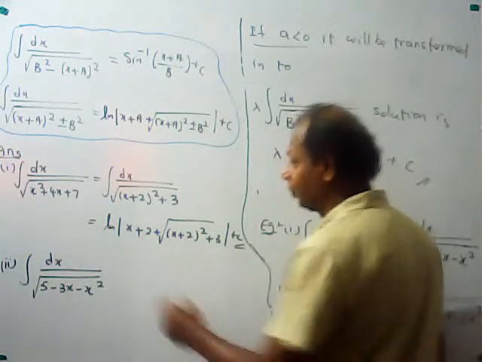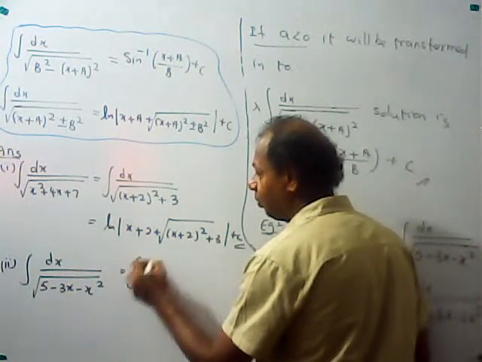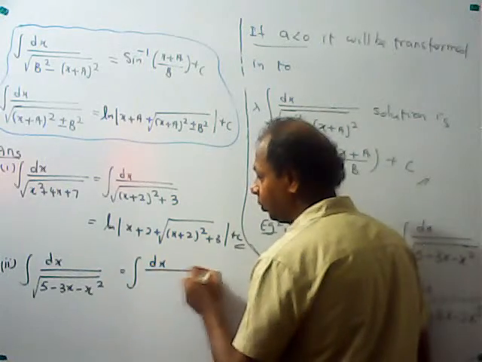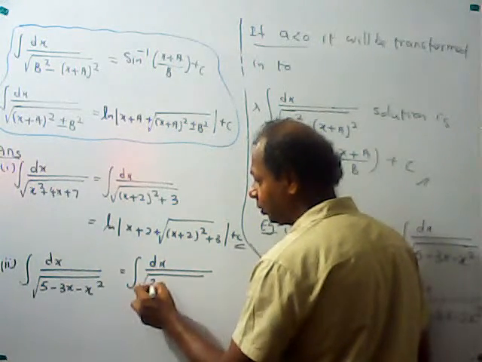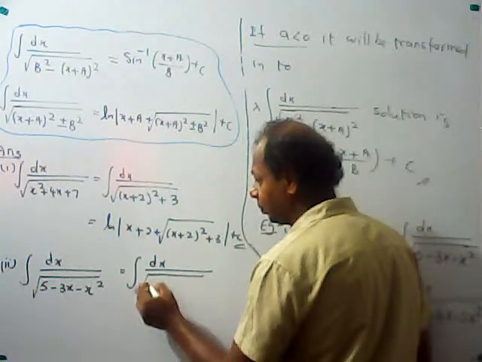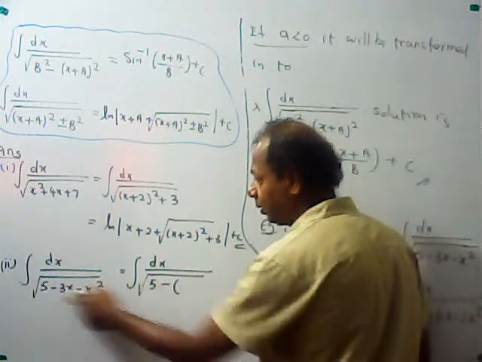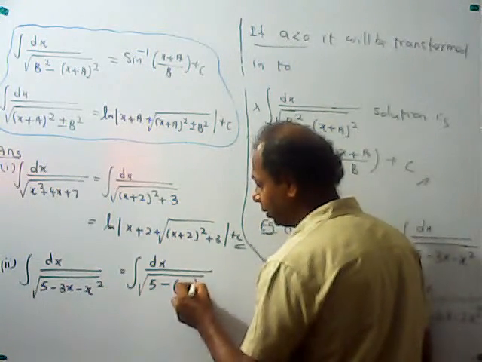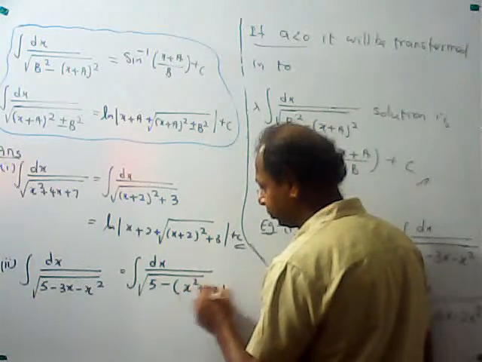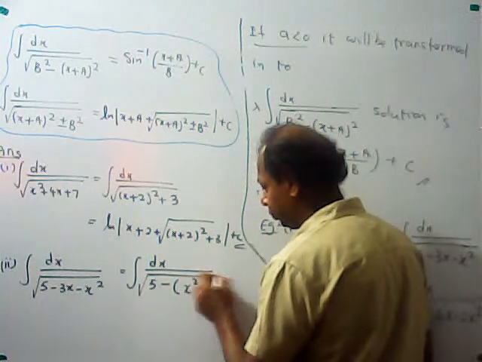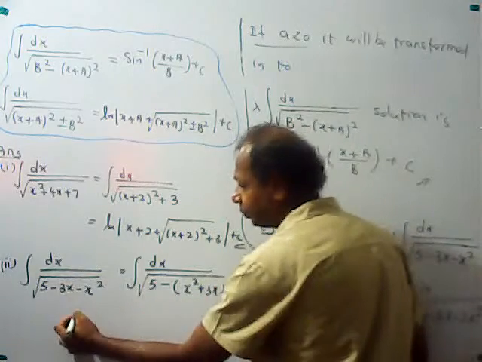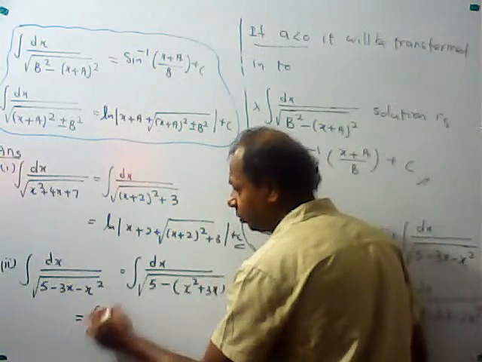Okay? The first step is to take the minus 1 within the square root. So 5 minus, I'll take it here, (x squared plus 3x). Now we have a chance of completing the square.